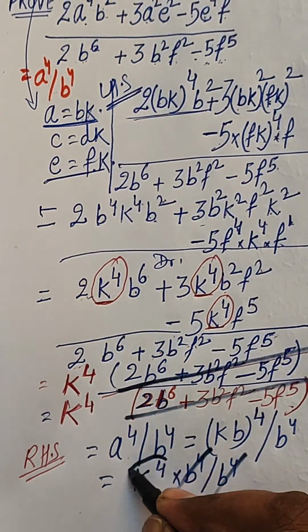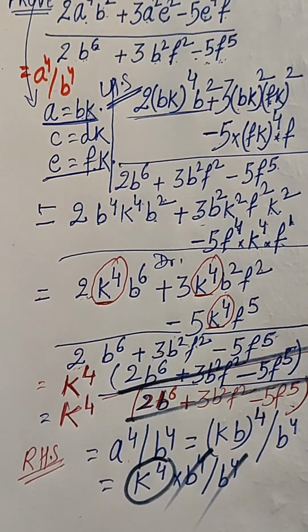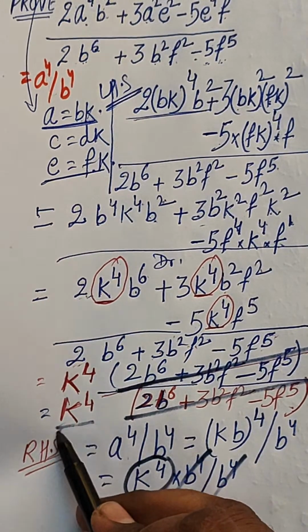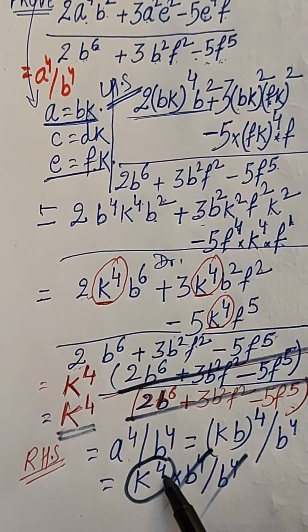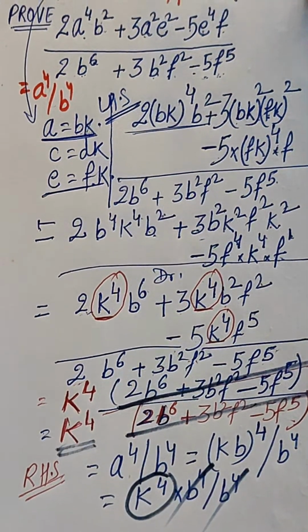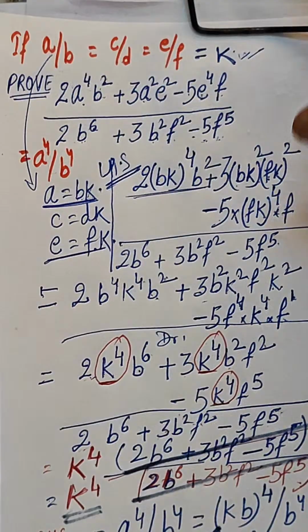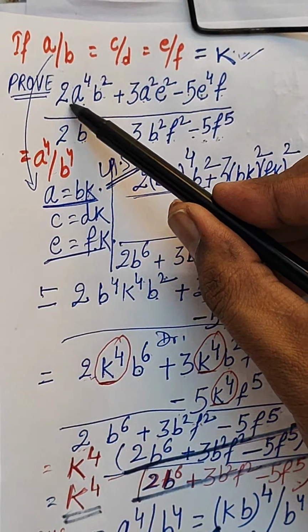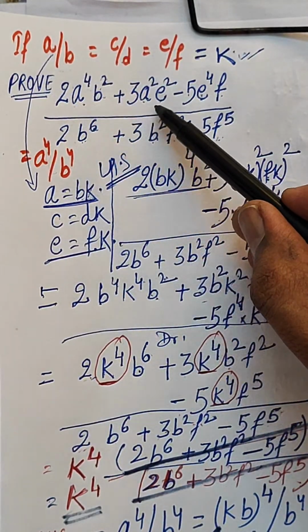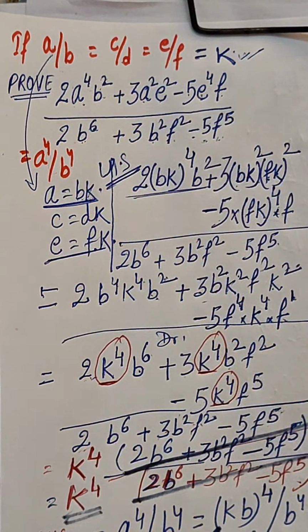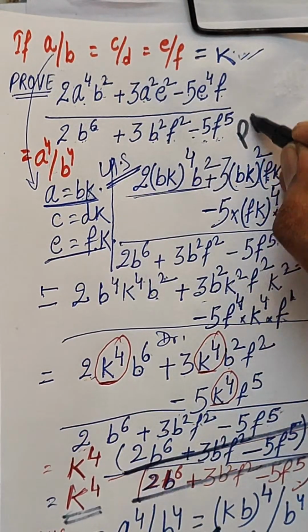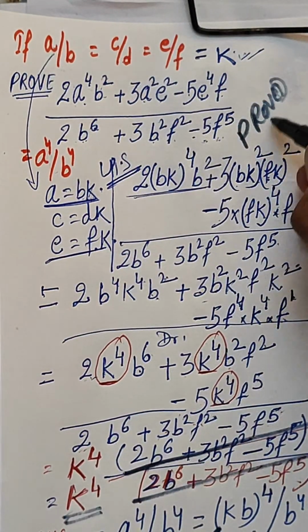We are left with k power 4, and that was also in the LHS. So we can say that k power 4 equal to k to the power 4. So in this way we have proved that the given polynomial is equal to a4 by b4, and in this way we have proved this question.